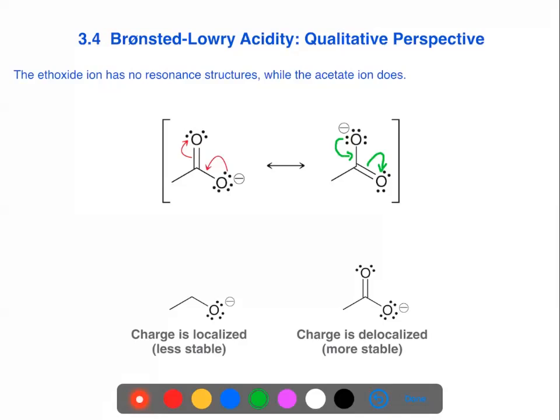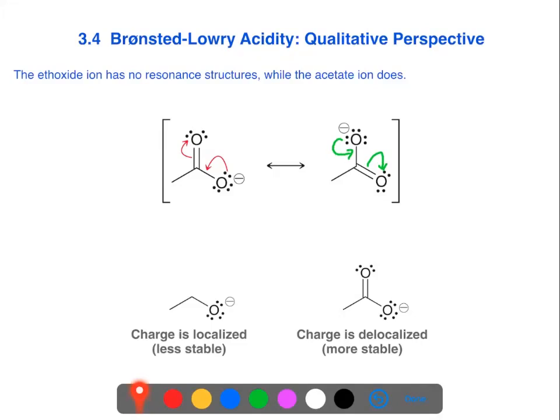And so due to that additional delocalization that can occur for the electron that's found in that oxygen center, which is in effect resonance stabilization, this will be the more stable conjugate base. So therefore, the acid from which it came, acetic acid or ethanoic acid, would be the stronger acid relative to ethanol.